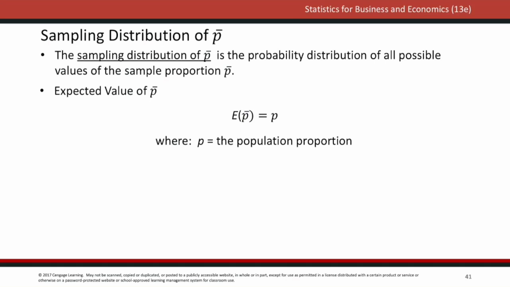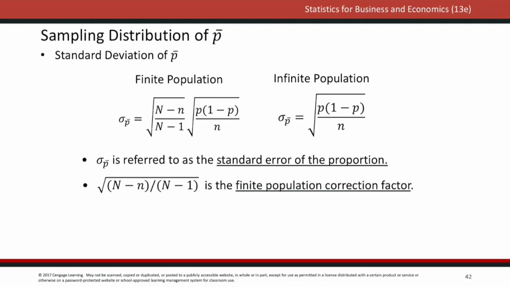How about the standard deviation of this distribution? For the standard deviation of the sample proportions, we have two cases, as in the population mean. In the first case, we have an infinite population, and in that case, the standard deviation of the distribution of the sample proportions, which we call the standard error of the proportion, is calculated using this formula here.